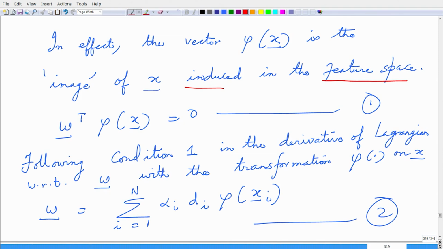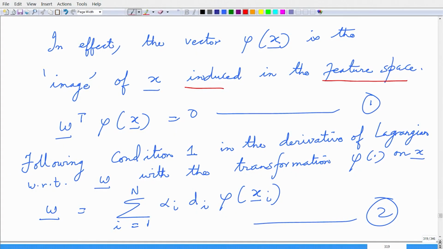We saw during the derivation of the SVM for linearly separable patterns that there was condition 1 in that expression, where I formulate the Lagrangian and take the partial derivative of the Lagrangian with respect to the weight vector and set it equal to 0 for optimality.